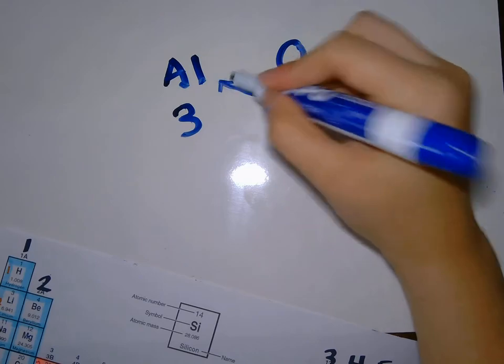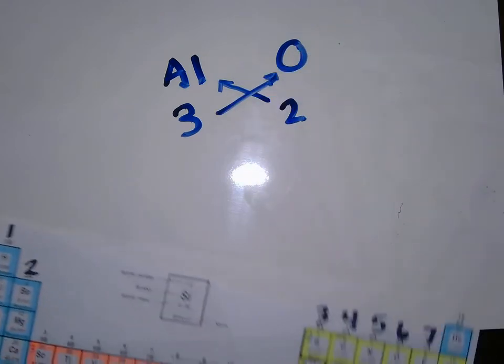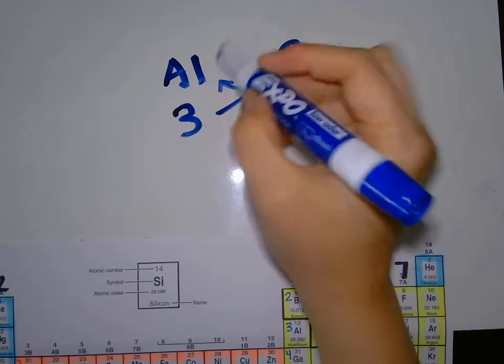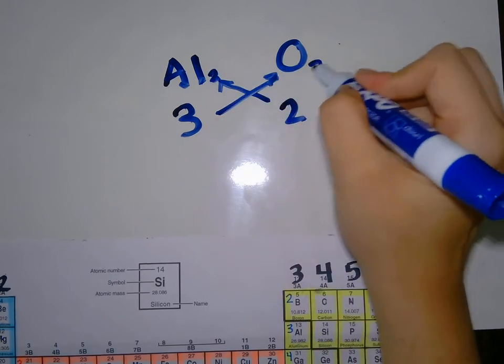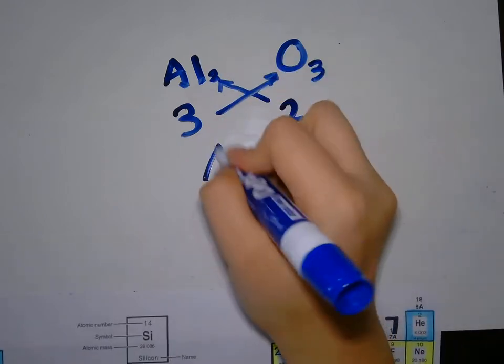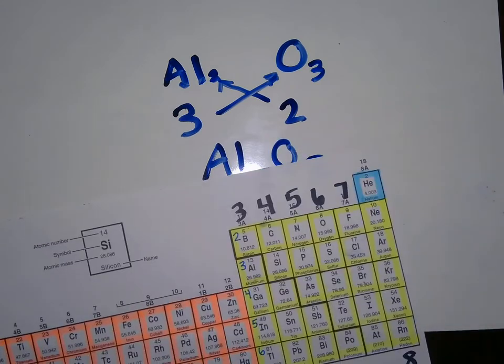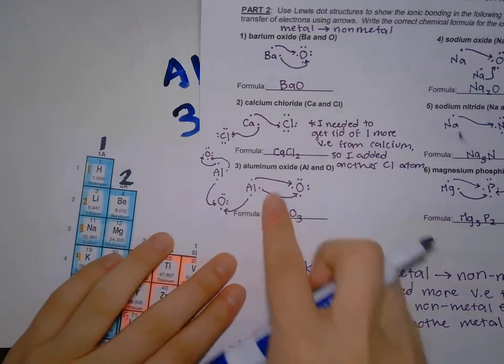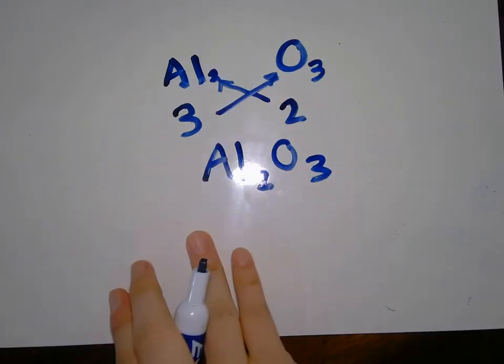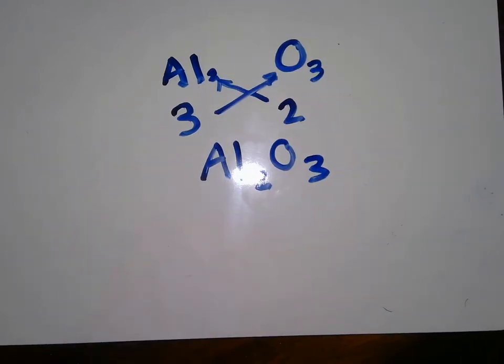So they are going to switch their electrons because it is a metal and a non-metal. Aluminum is going to have 2, oxygen is going to have 3. So when you write this formula, it's going to be aluminum 2, oxygen 3, which is what you would have gotten if you would have actually drawn out all of it. So hopefully this teaches you a little skill slash shortcut to use.